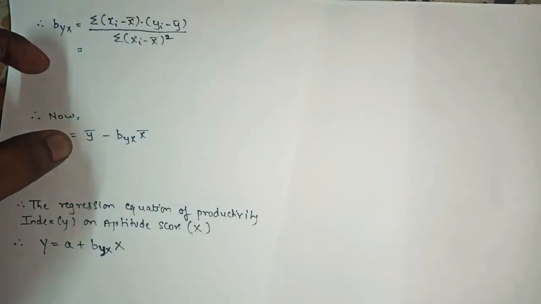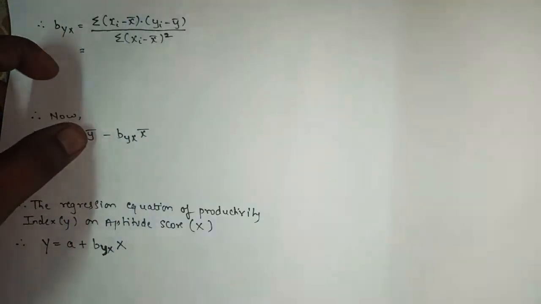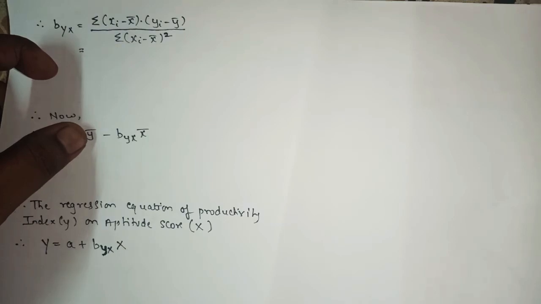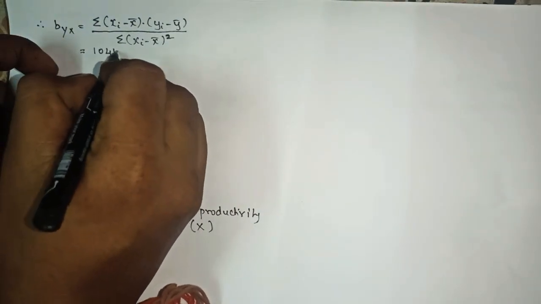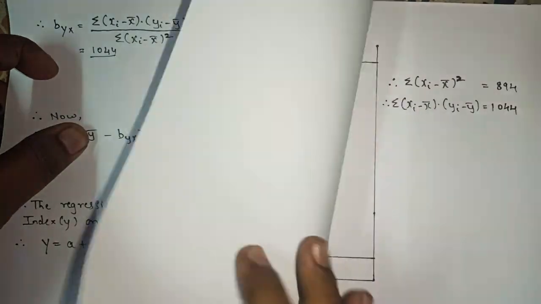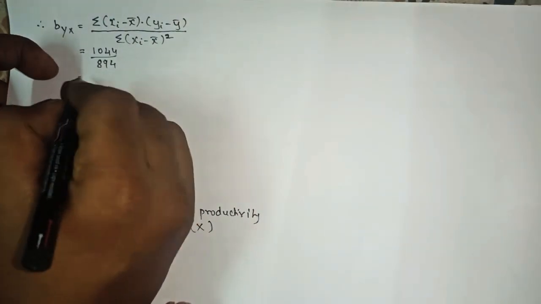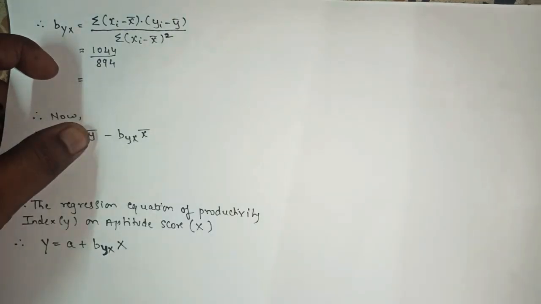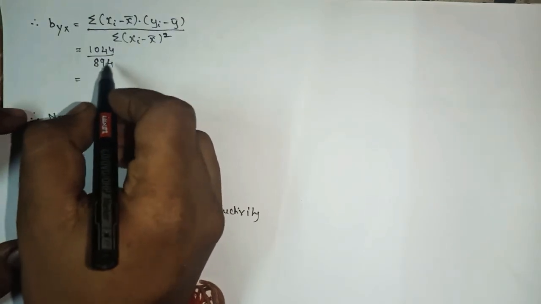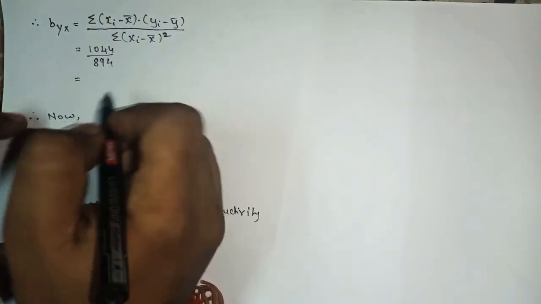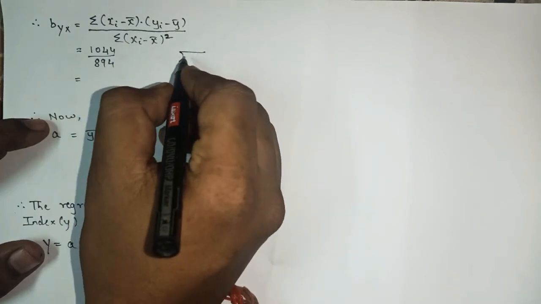Total of this. So what was the total? 1044. Okay, so total is 1044. And the total of this is 894. Okay, so now after this, reduce the value, cancel it by 2, 3, 4, or else directly divide this number.